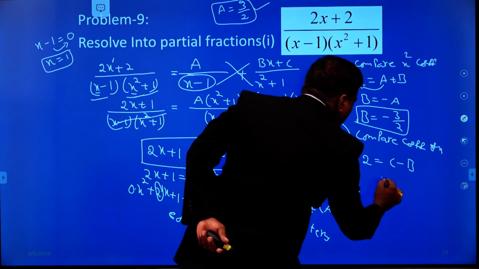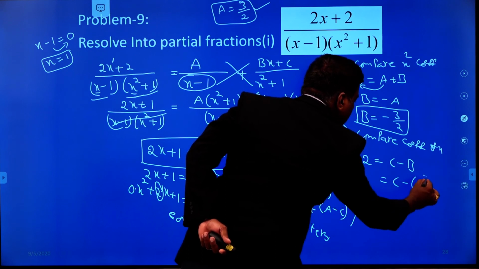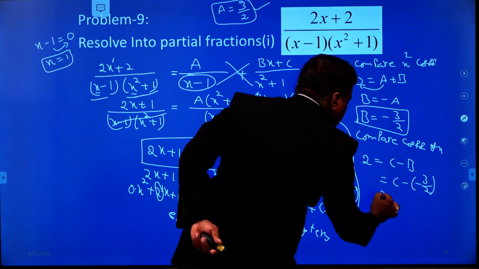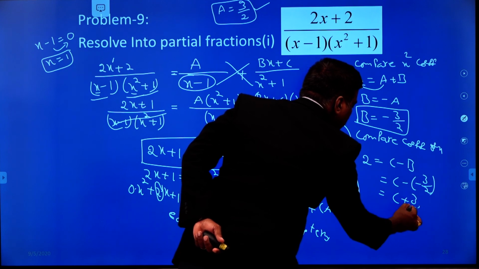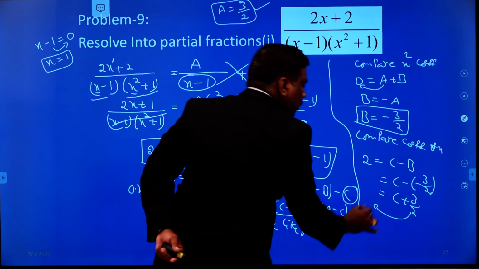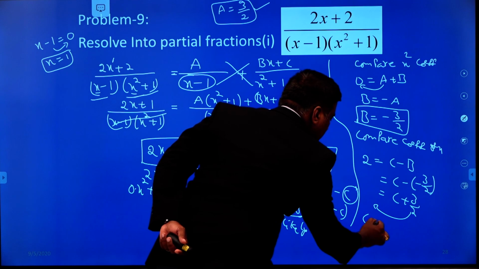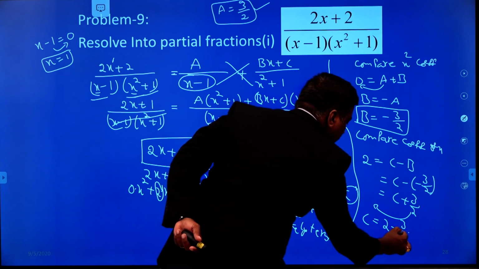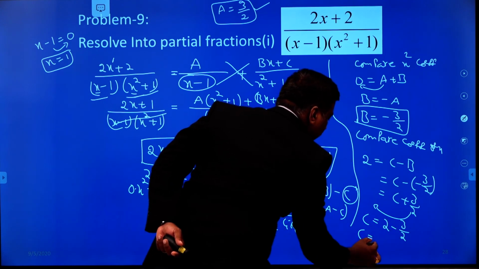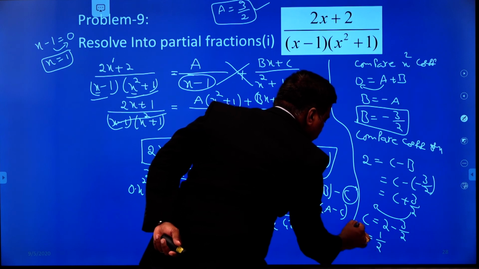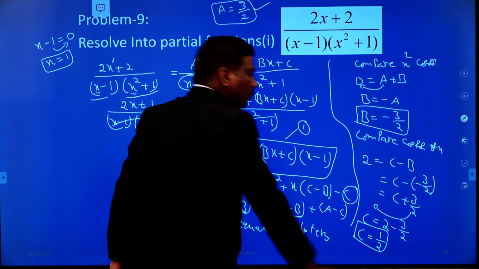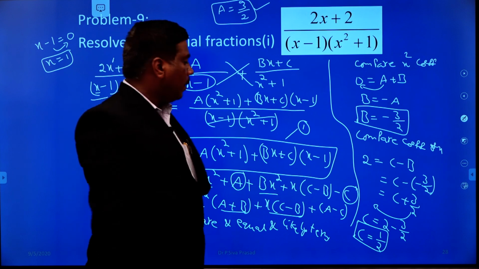Here, we already know b, so c minus of minus 3 by 2 is c plus 3 by 2. Now I bring this to the left hand side. Therefore c is equal to 2 minus 3 by 2. Therefore the c value is (4 minus 3) by 2, that is 1 by 2.